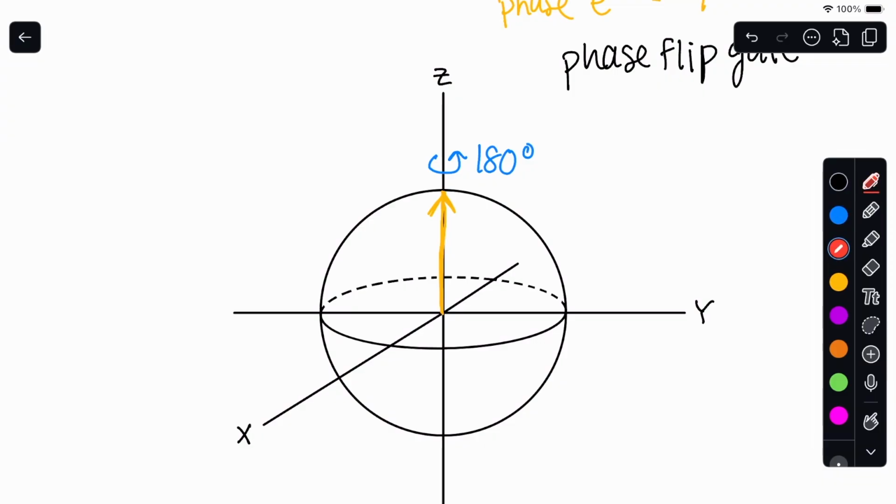But for instance, if we started in the plus state, then we would have a 180-degree rotation around and end at the minus state. And this makes sense too because the plus state is 1 over root 2, 0 plus 1 over root 2, 1. And the minus state is 1 over root 2, 0 minus 1 over root 2, 1. So we picked up a minus sign on the 1 state.